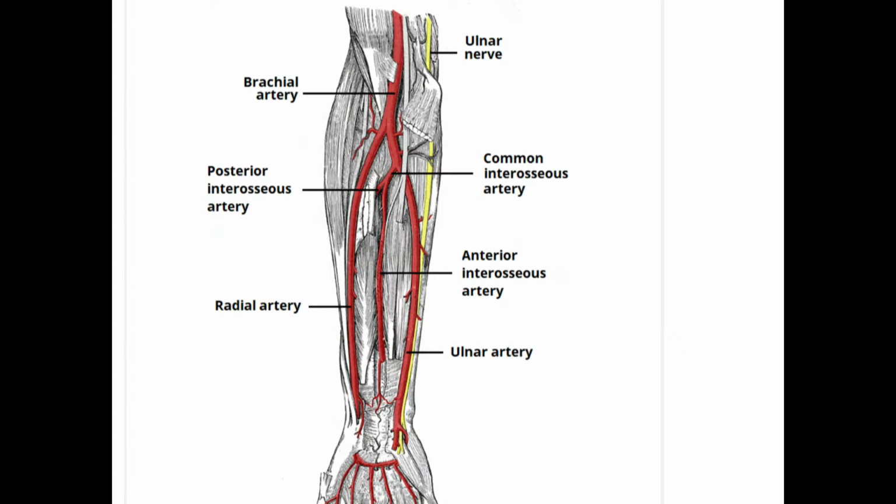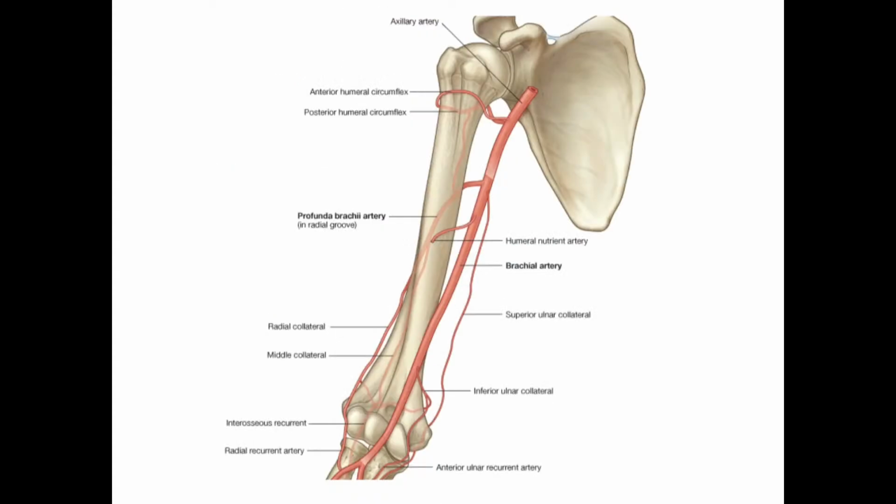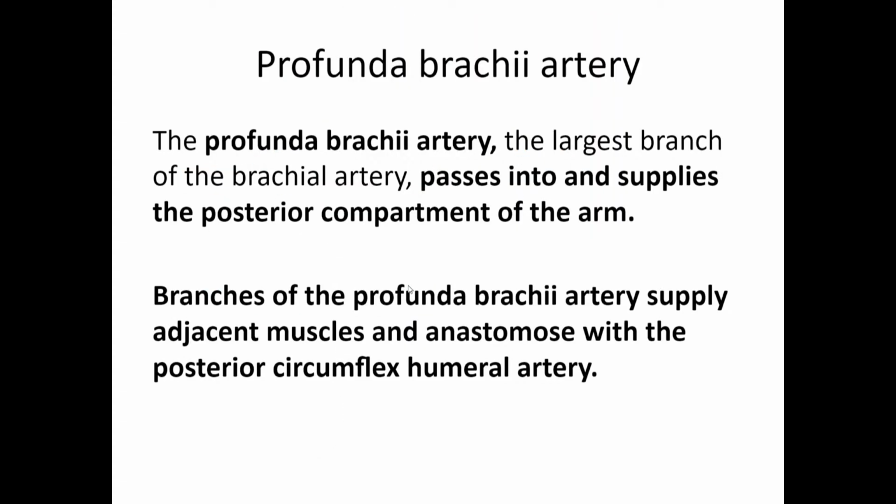So I mentioned profunda brachii artery, right? And as you already saw it here on this photo, profunda brachii artery is the major branch of the brachial artery, right? And mostly it passes into and supplies the posterior compartment of the arm.